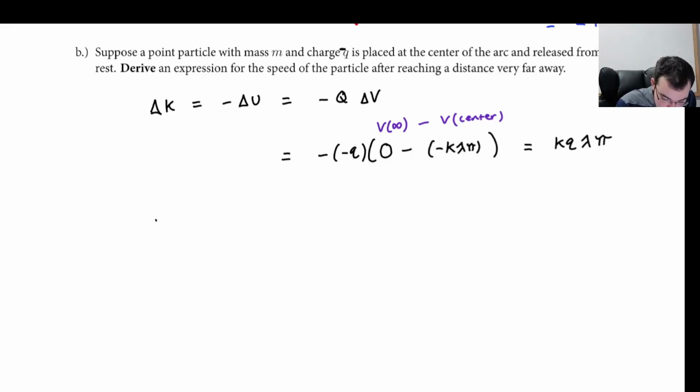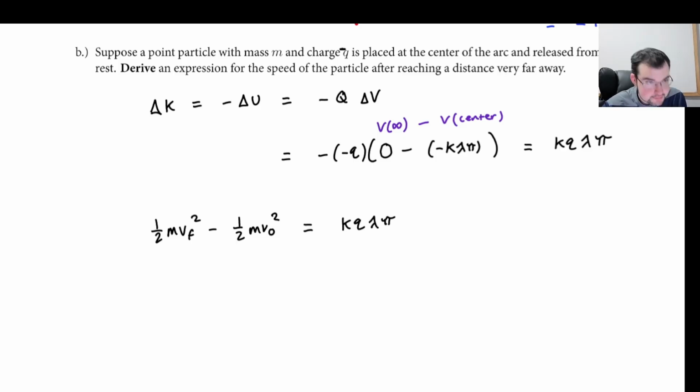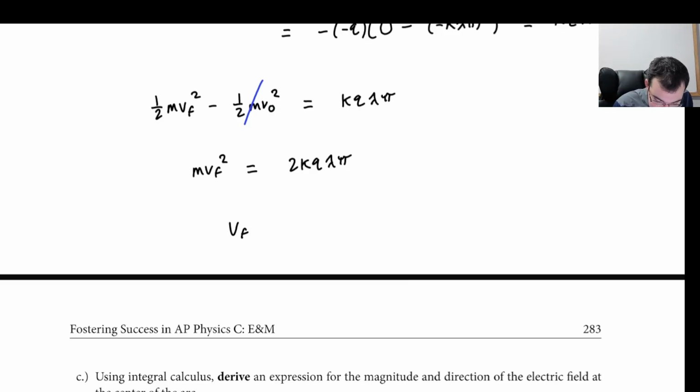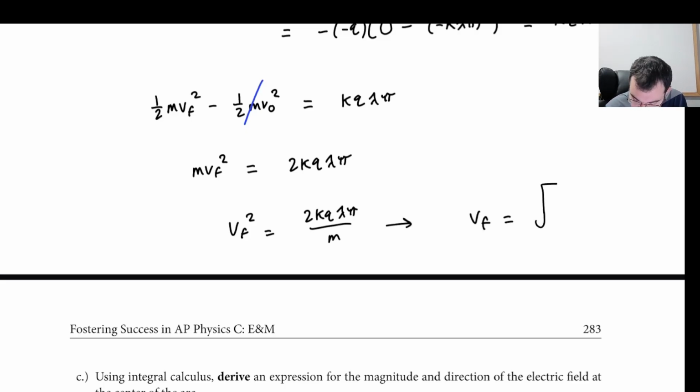So that allows us to just write our delta K, which is the change in kinetic energy. So our kinetic term is going to be equal to the amount of kinetic energy gained. Multiply both sides by 2, because we said it's released from rest. So we get m v_f squared is 2 k q lambda pi. So we can divide everybody by m to get v squared is equal to 2 k q lambda pi divided by m, or v_f is just the square root of that entire expression.